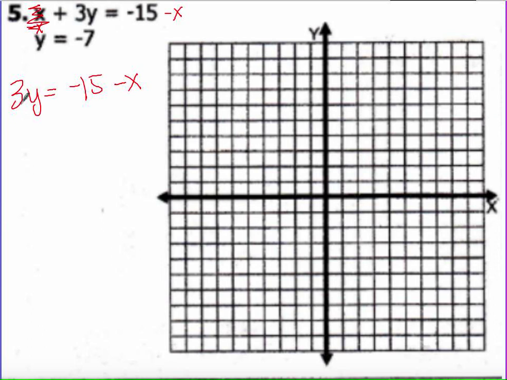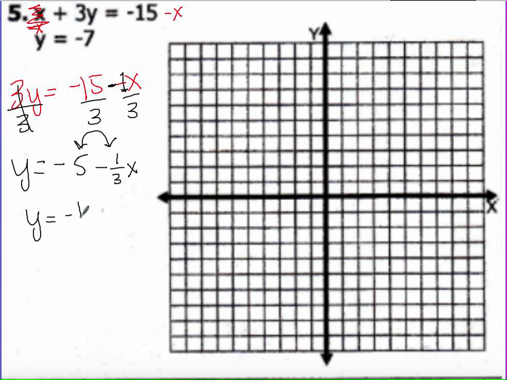When I try to get rid of the 3 in front, I'm going to divide everything by 3. So y equals -15 divided by 3 is -5. There's an understood 1 in front of this -x. So 1/3 will give me a decimal, so I'm going to leave it -1/3 x. If I rearrange it, y equals -1/3 x minus 5.